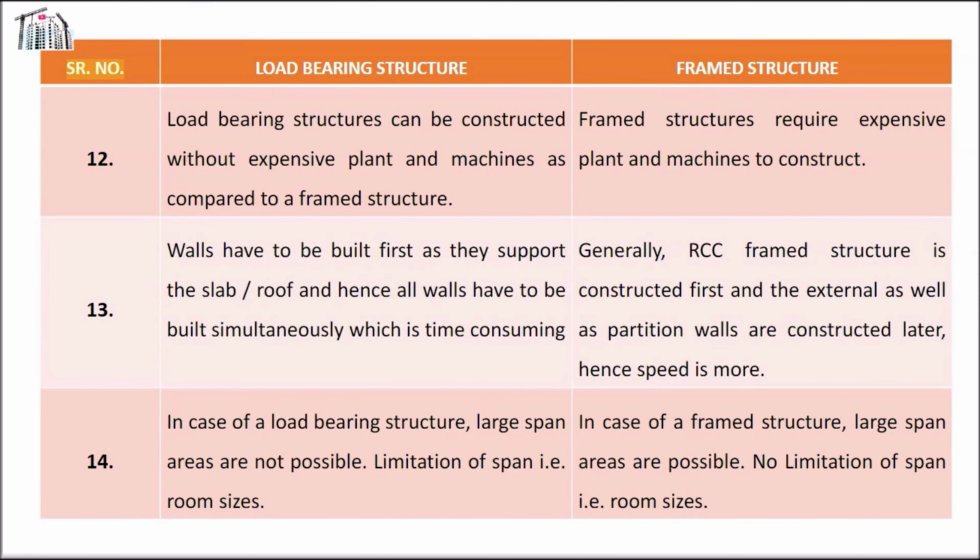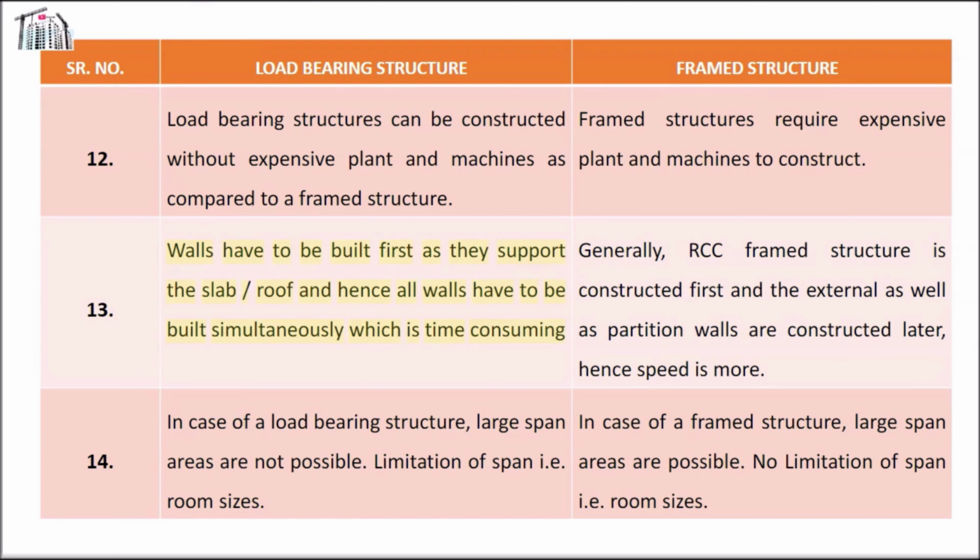Serial number, load-bearing structure, framed structure. 12. Load-bearing structures can be constructed without expensive plant and machines as compared to a framed structure. Framed structures require expensive plant and machines to construct. 13.